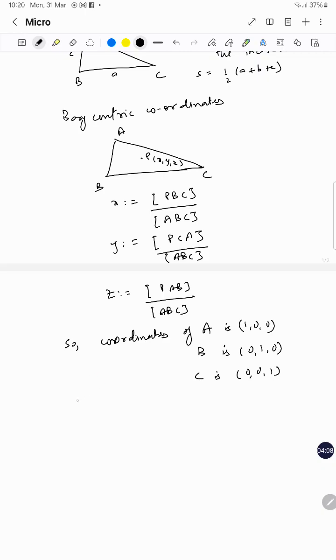Also the midpoint of AB is denoted as C prime. Let it be x, y, z.